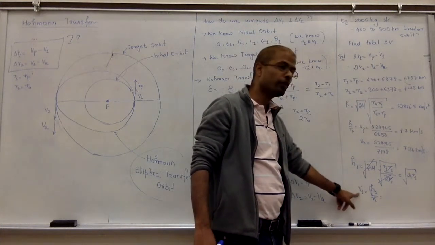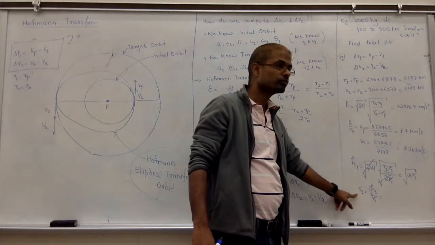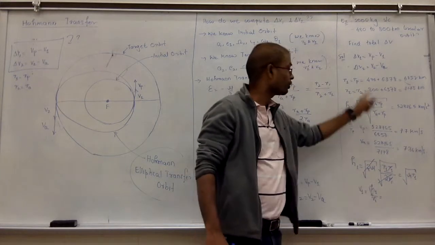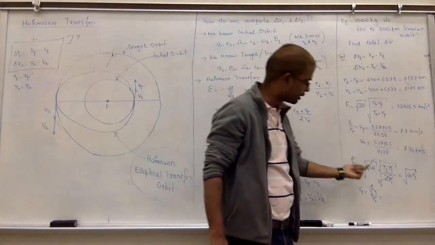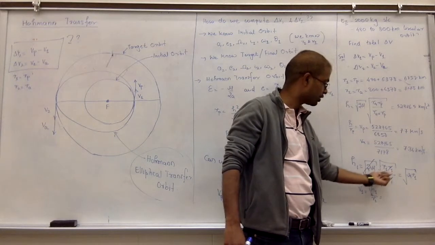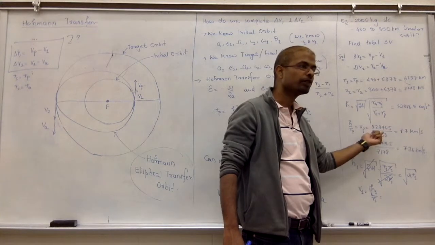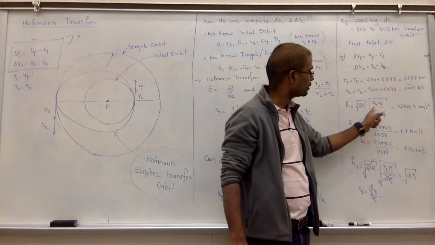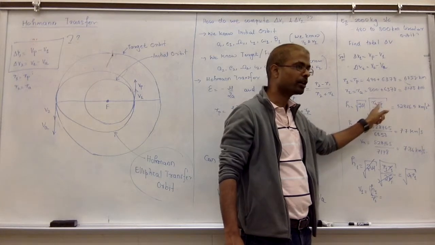Now, can you calculate V1? Take that value that we just got, and you know R1. R1 is the same as R2. What I want you to notice here is that this H1 has to be smaller than this, because RA is bigger than RP.